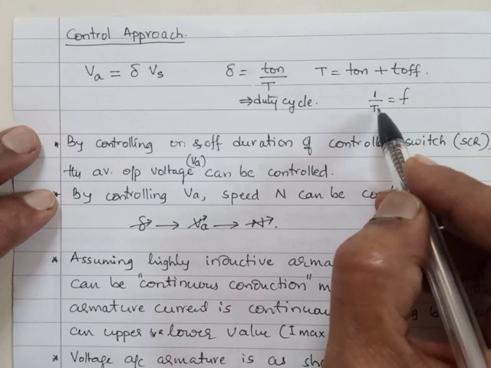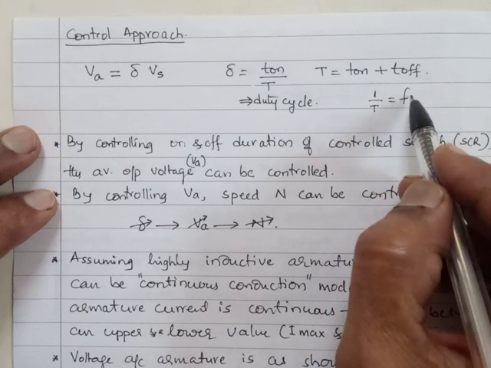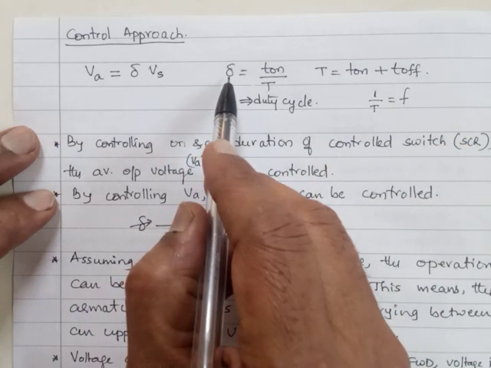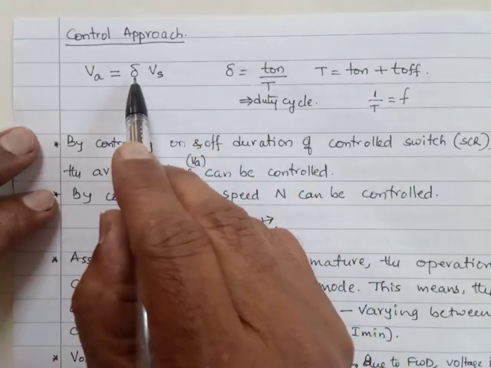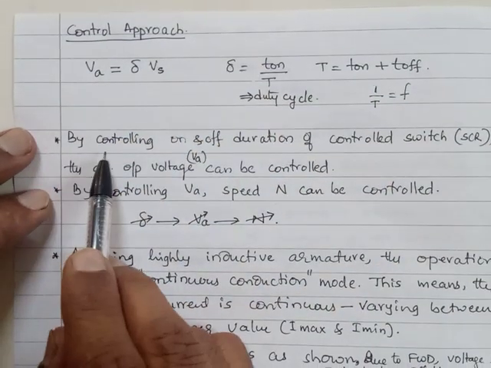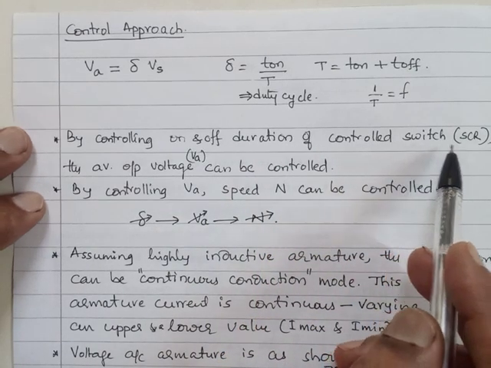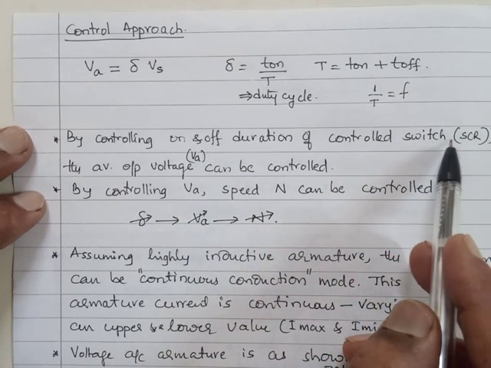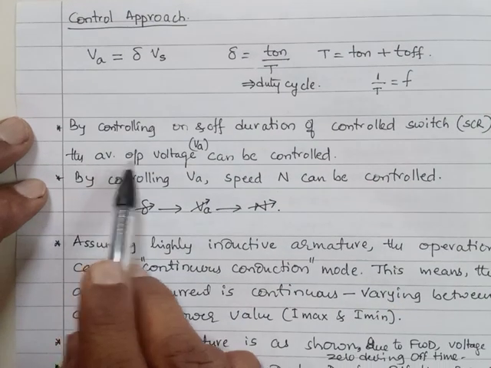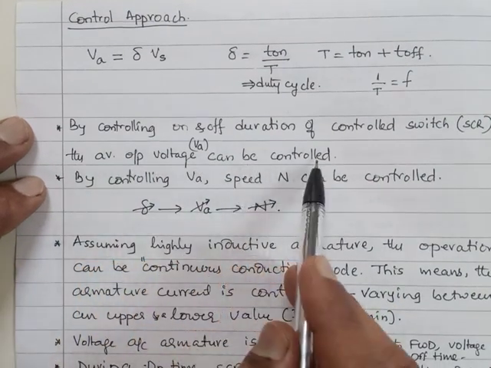By controlling this, nothing but controlling the frequency of switching, we can control delta. There are different possibilities of changing delta. So by controlling on and off duration, nothing but delta of the switch, whatever we are using, here we have shown SCR, the average output voltage VA can be controlled.